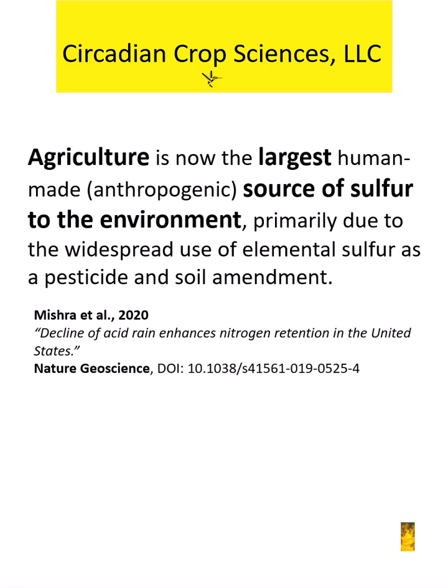Agriculture is now the largest human-made source of sulfur dioxide to the environment, primarily due to the widespread use of elemental sulfur as a pesticide and as a soil amendment. Even sulfur that is applied to the soil, some of that will get converted into sulfur dioxide as well, though not nearly as much.